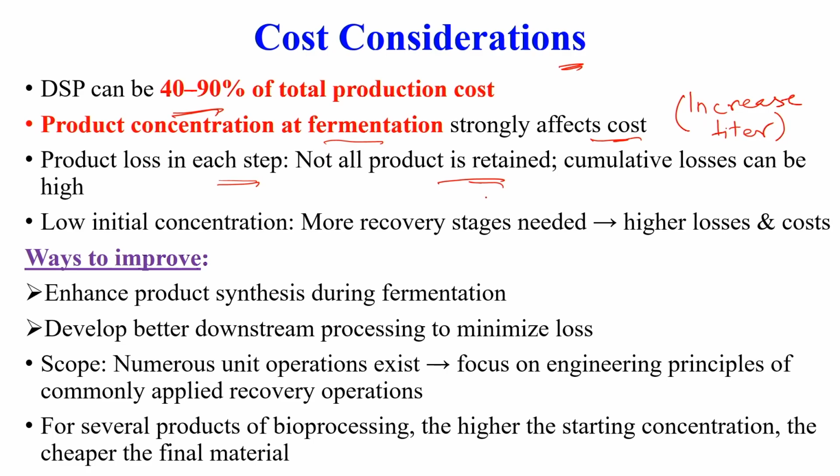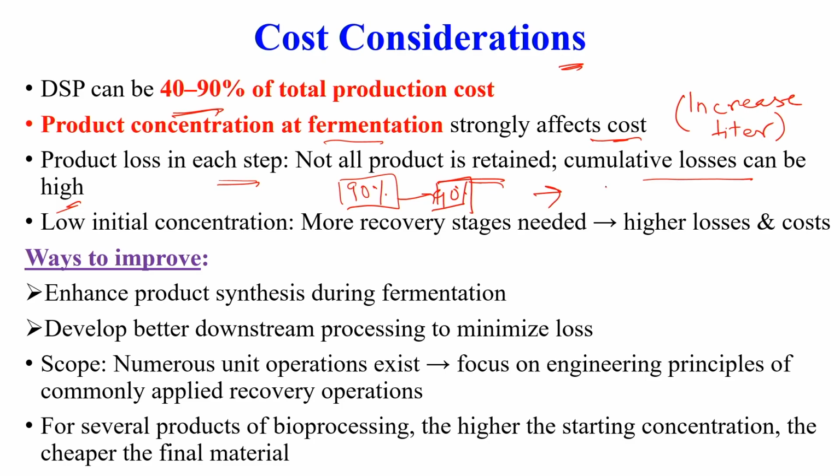Second comes product loss in each step. As I told, the efficiency of each downstream processing step cannot be 100%, so there are some losses in each step, and this cumulative loss can be high. Let us say you have two steps, and both have a separation efficiency of 90%: 90% for step 1, then 90% for step 2.